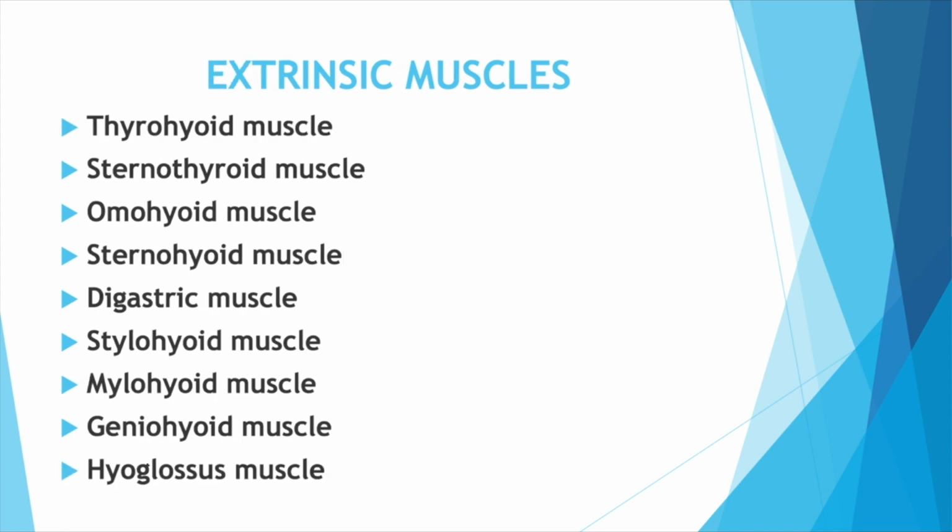Extrinsic muscles are thyrohyoid muscle, sternothyroid muscle, omohyoid muscle, sternohyoid muscle, digastric muscle, stylohyoid muscle, mylohyoid muscle, geniohyoid muscle, and hyoglossus muscle.